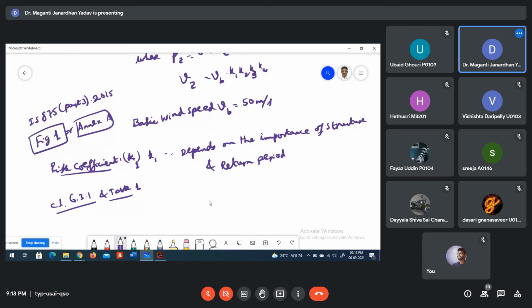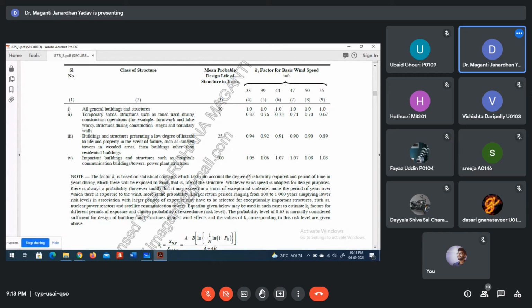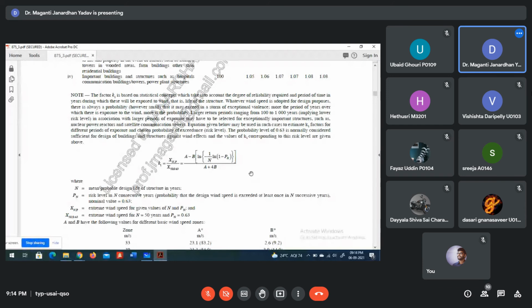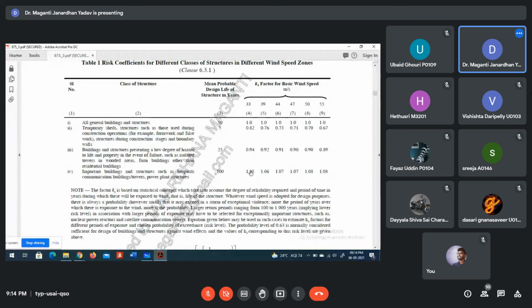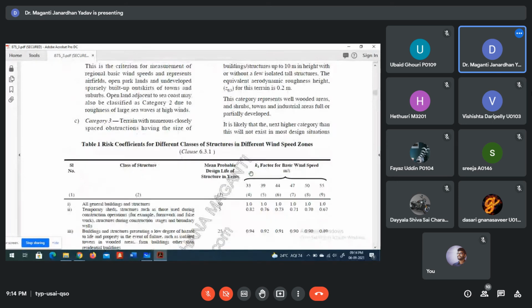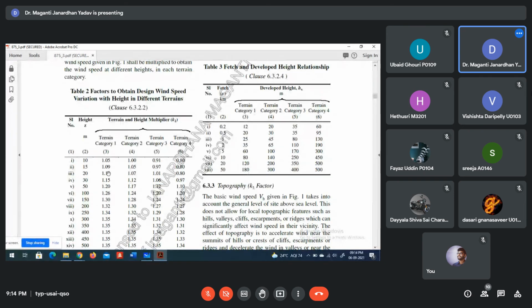So what is K1 value? For 15 meters, the eaves board height is 15 meters, so it is 1.09.